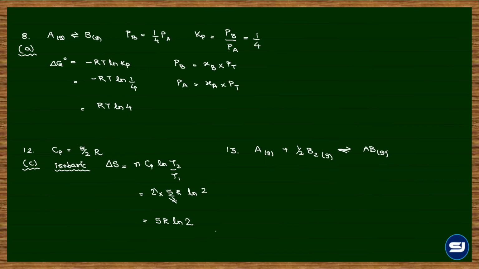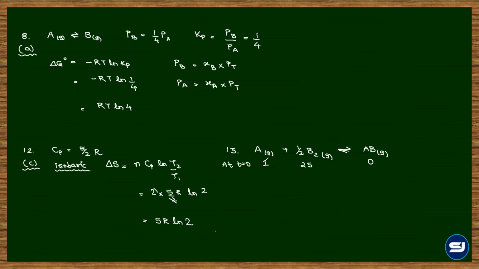Now, to get the free energy change, what is the pressure of the product at the start, initially? 0. Initially, at time t equal to 0, product is 0. It's already given that this is 1 bar, this is 25 bar, but this will be equal to 0.